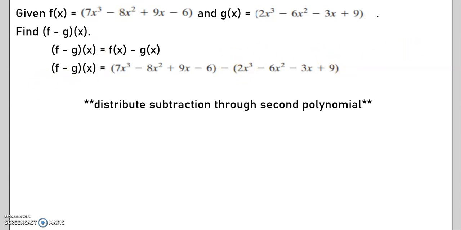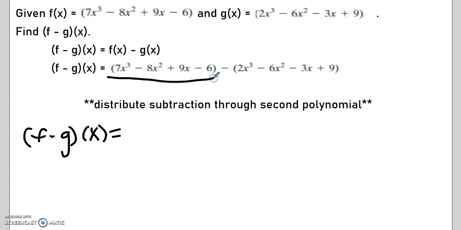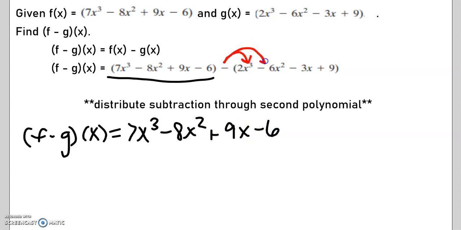So we're going to start this, and it's going to say f minus g of x equals, this stays the same. Nothing happens with that first polynomial. 7x cubed minus 8x squared plus 9x minus 6. But now I need to take this negative and distribute it to all of these terms in the second polynomial.